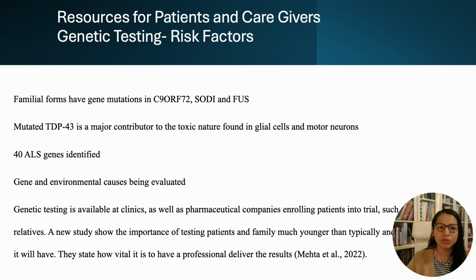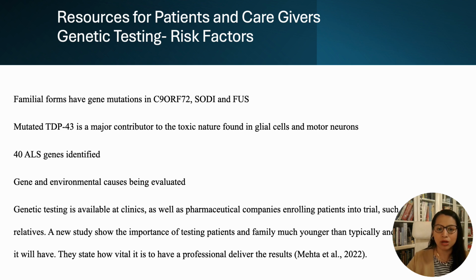All right, so some other resources for patients and caregivers. There's going to be a lot of questions about genetic testing and risk factors. So what we know so far is that over 40 genes have been identified for ALS.